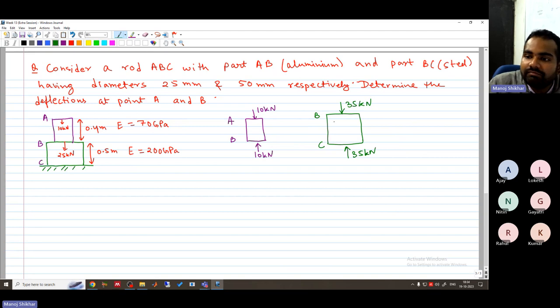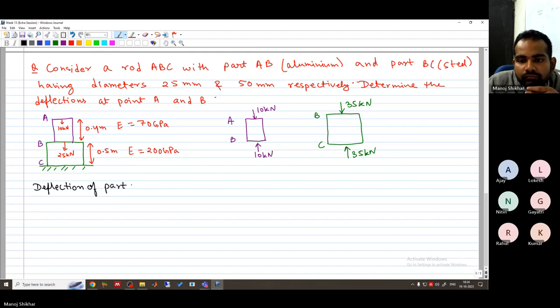Since BC is at the bottom of this rod ABC, first we have to find how much BC is moving. Okay, so the deflection of part BC is the load on BC, P_BC, into L_BC, the length of BC, divided by the area of BC and the Young's modulus of BC.